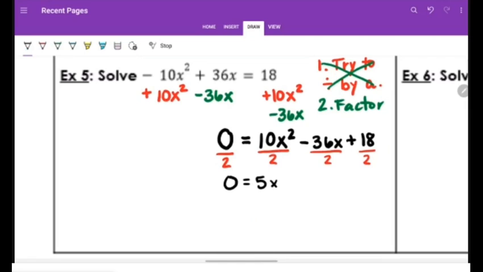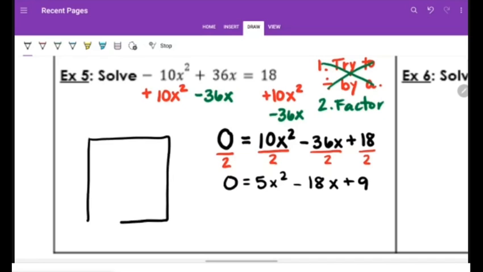So it turns into 5x squared minus 18x plus 9. It's still a tough factoring problem, but it's a little easier than it would have been a minute ago. So now let's start to factor. In the top left, we need a positive 5x squared. And in the bottom right, we need a positive 9.